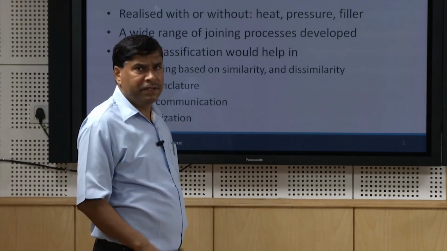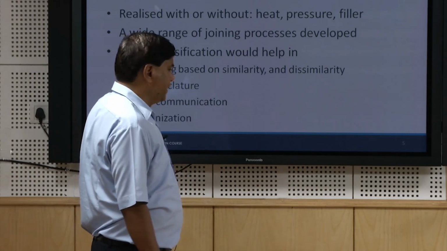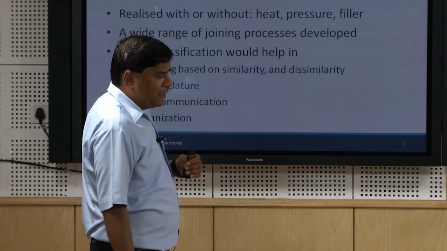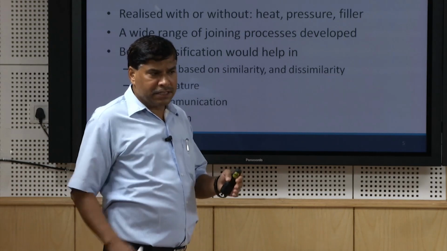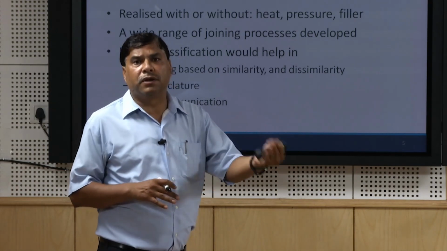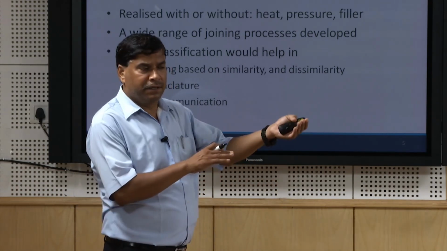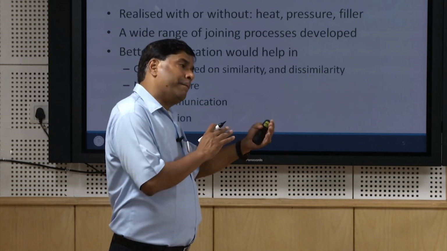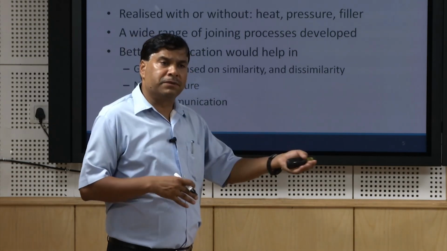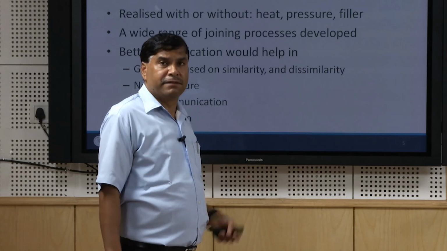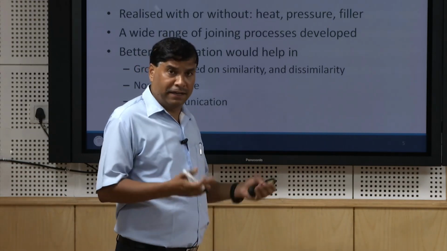There can be so many ways to group or classify the joining processes, and then it is easy to communicate, like this category of metals will be subjected to solid state joining, or this dissimilar combination will be subjected to solid-liquid based processes because of metallurgical incompatibility.